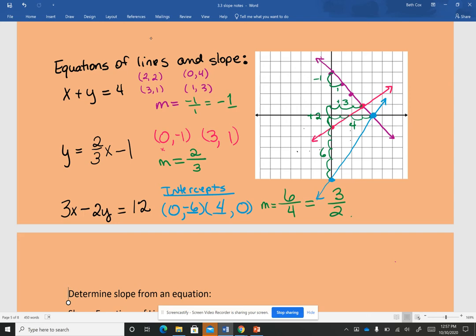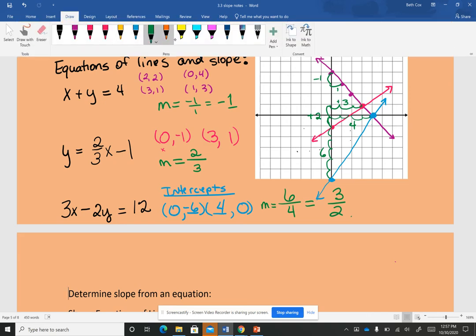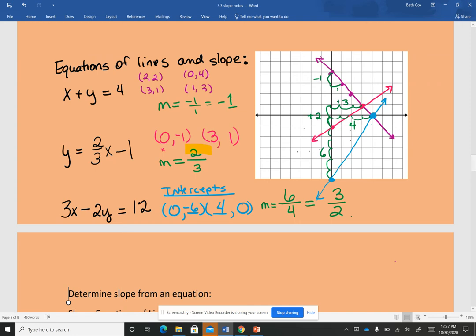Now I want you to notice that one of these three examples has the slope in the equation. It's literally jumping out at you. It's the middle one. The slope is 2/3 and there is 2/3. Is that a coincidence? No, that's the way it's going to be. What I'm teaching you right now is how to see the slope in the lines.